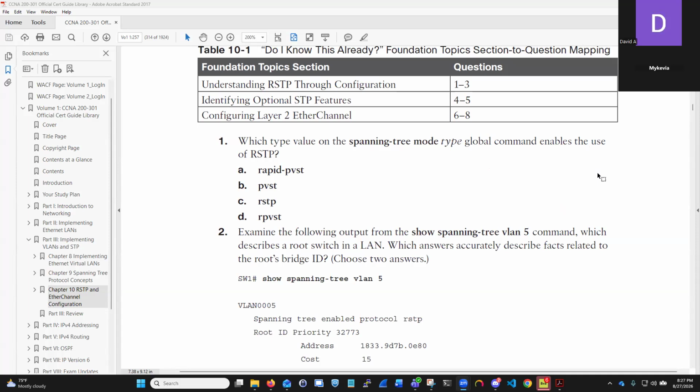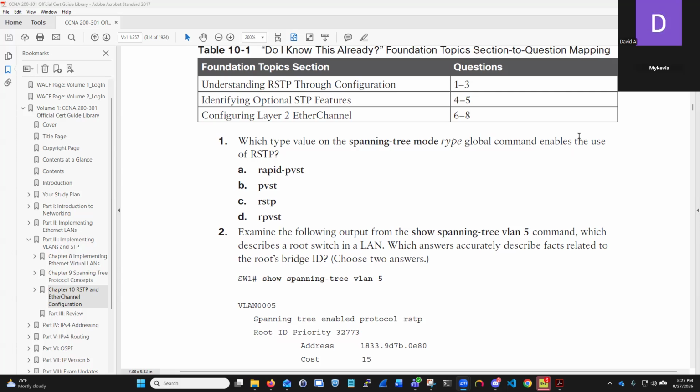Let me explain the question again, because how it's worded is kind of confusing. This is as if you're going into a switch, into global configuration mode, and you want to change the spanning tree mode type to maybe multiple spanning tree protocol, rapid spanning tree protocol, what have you. What does that command look like within a Cisco switch?